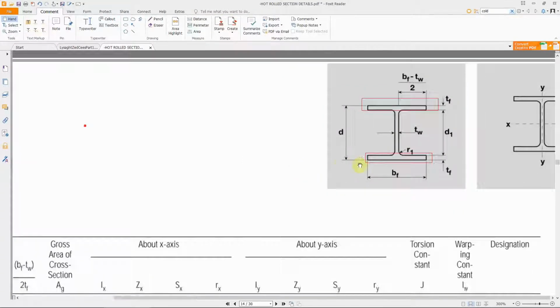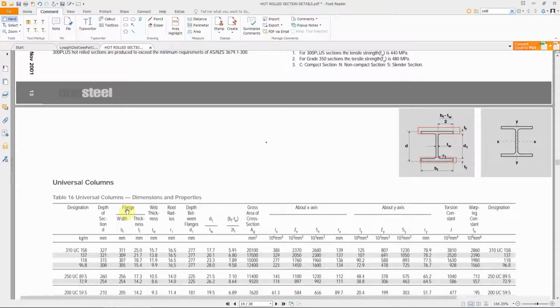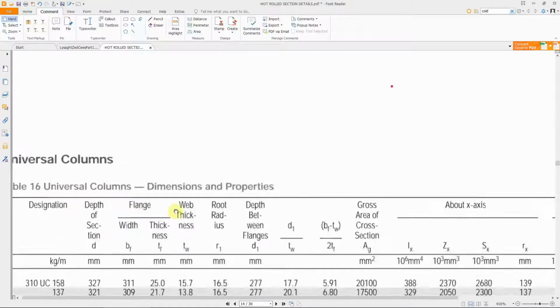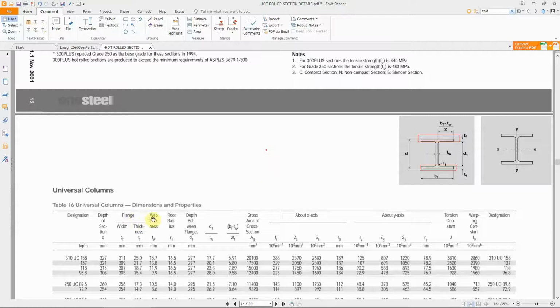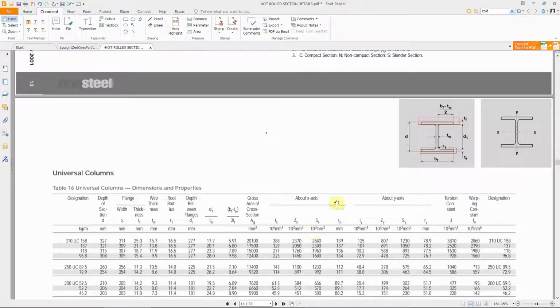These are the flange details. The plate that connects between them, that's the web plate. So that's your web plate. And we've got all the specifications for the flange, the width, the thickness, and the web plate thickness and material and strength, all of those in these tables.